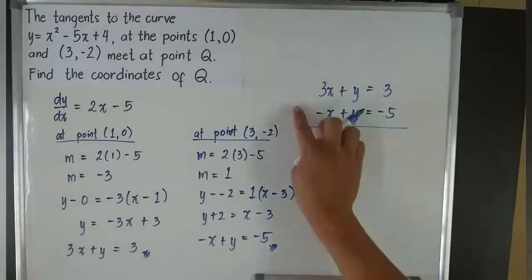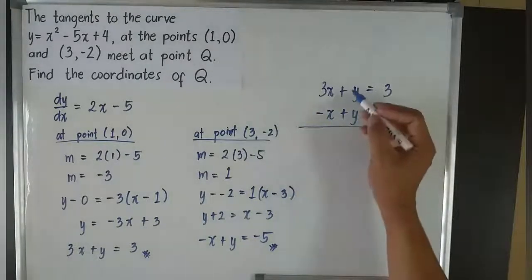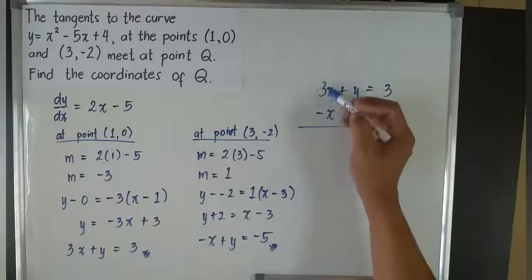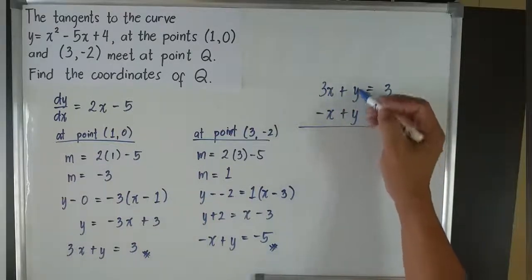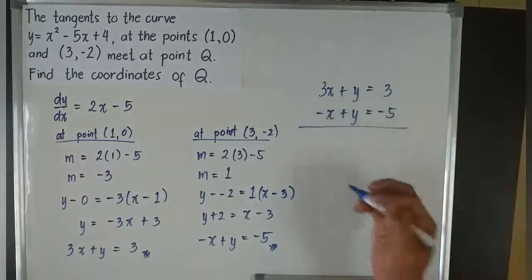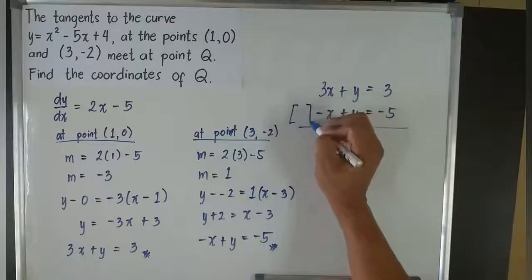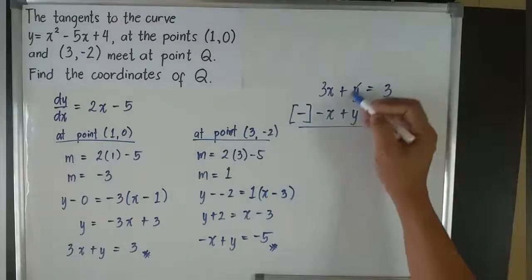Elimination is when I add or subtract to eliminate something. Here, if I add or subtract the x terms, I cannot eliminate, but with y and y, y minus y is eliminated.